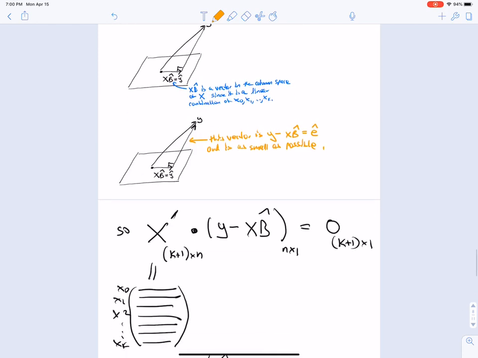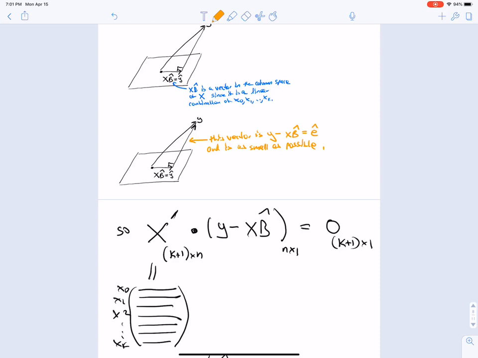So what this is saying is that the dot product of the transpose of x with the residual is 0.